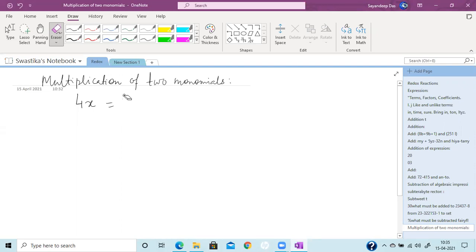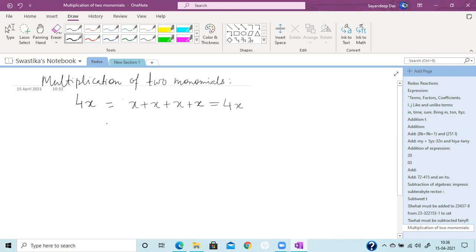That is, we are writing x plus x plus x plus x. If you write 4 into x or you add x 4 times, you will get the same answer.